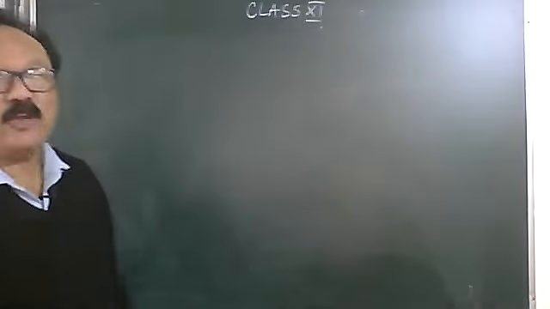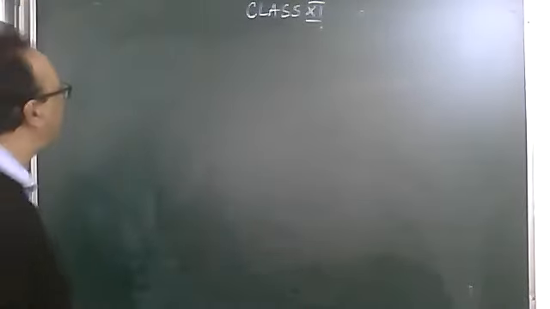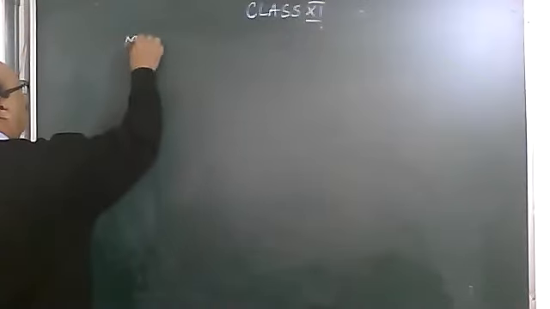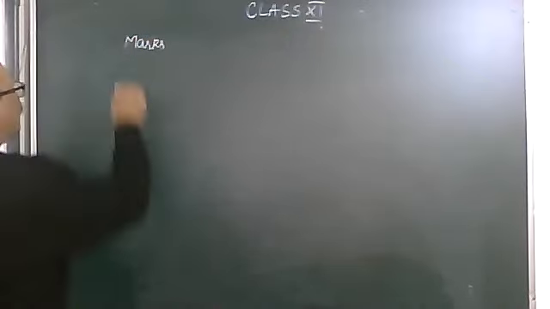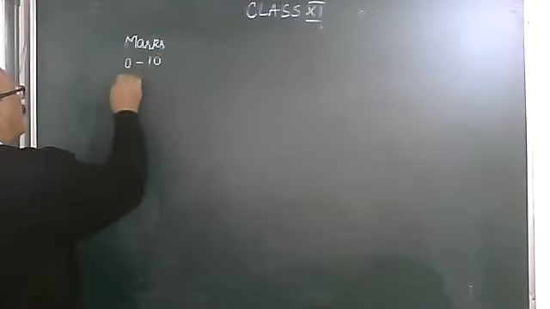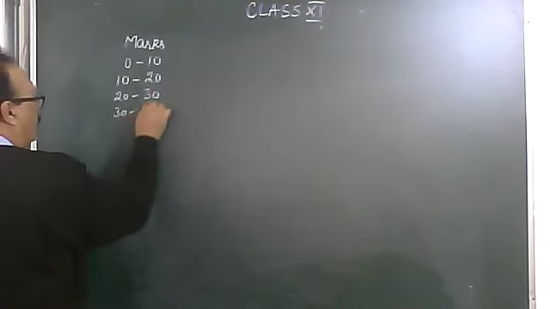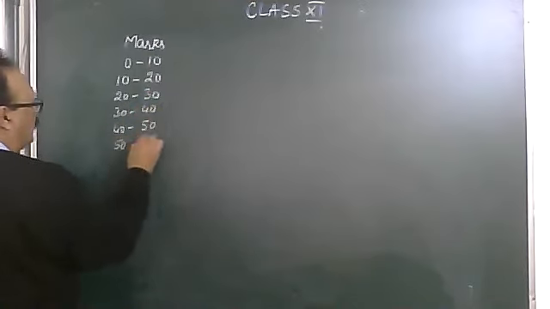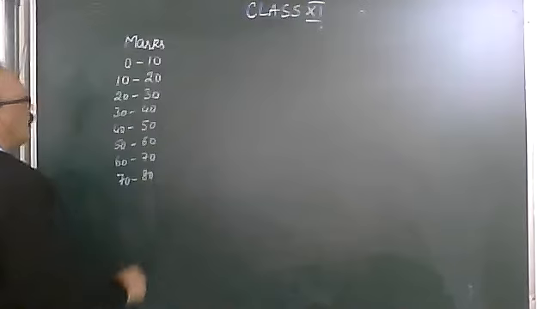Now next is, calculate the median from the following data. Marks are given from 0 to 10, 10 to 20, 20 to 30, 30 to 40, 40 to 50, 50 to 60, 60 to 70, and 70 to 80.